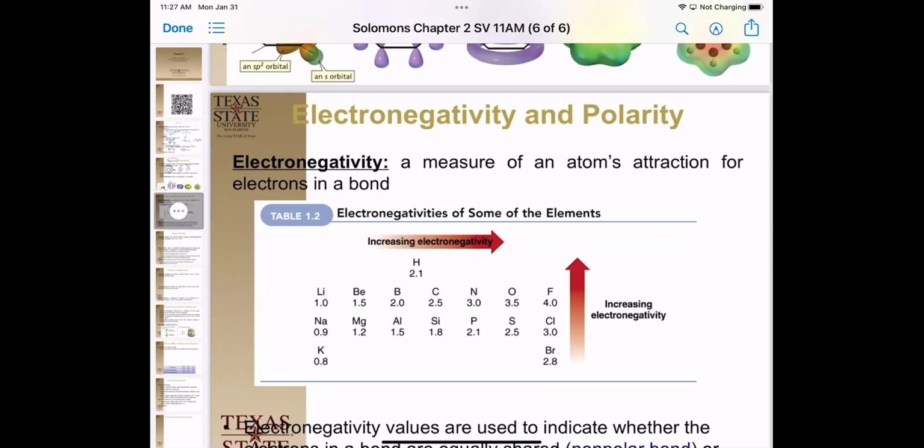There's going to be some external field created from this, meaning that things with a polar bond are more likely to dissolve in things with a polar bond. So it's going to affect solubility. And it's going to affect where we see things attack, how it's going to react, which side of the bond it's going to be. So we want to look at those three things. So electronegativity tells us a lot about the nature of the bond, but then it also tells us where to look for reactivity.